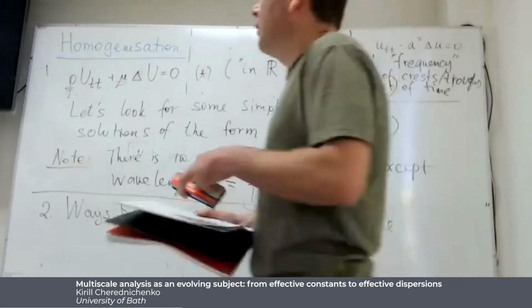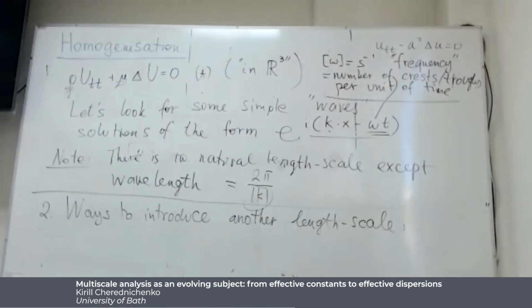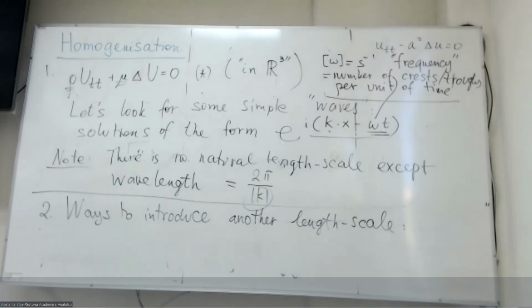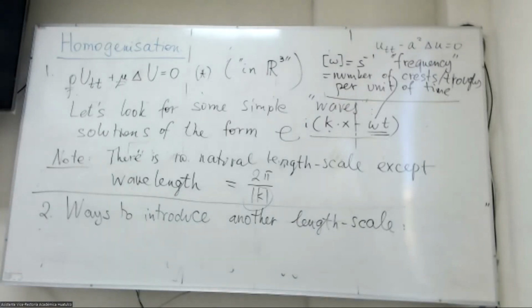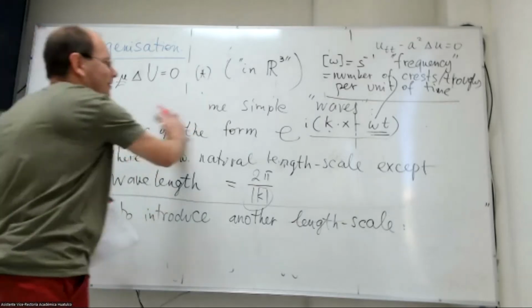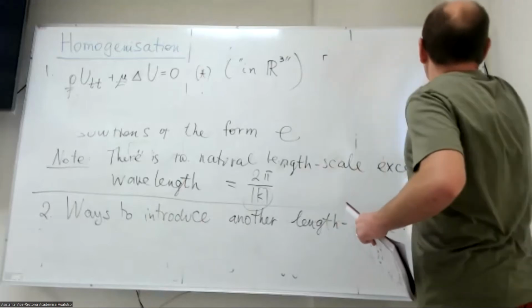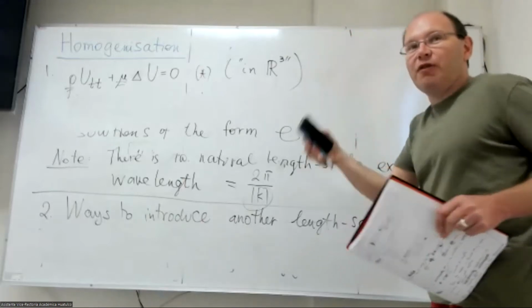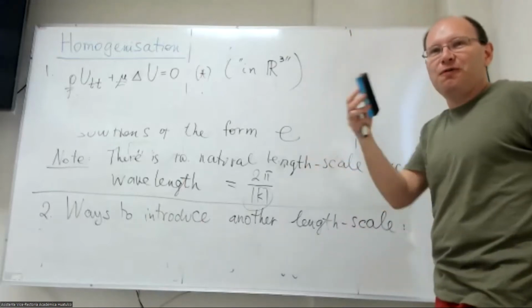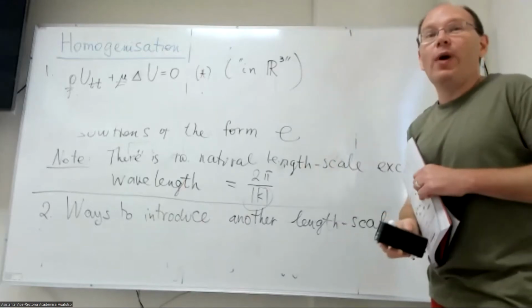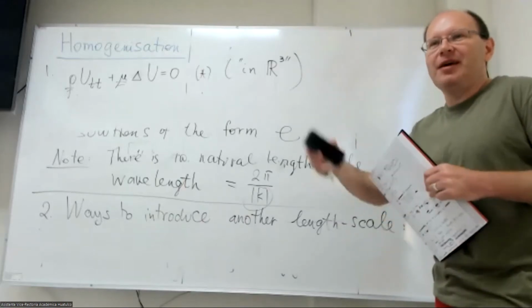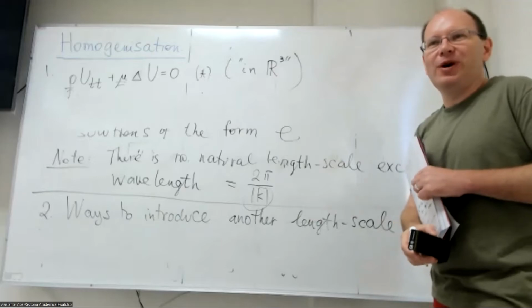Okay, so how? Pretty much half an hour. Great. So the first way. Can you think to yourself, maybe you don't have to say it, of a way to introduce another length scale apart from the wavelength?